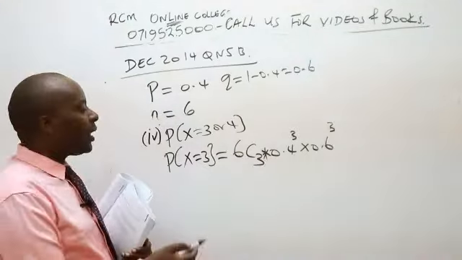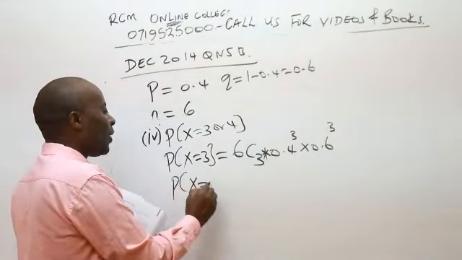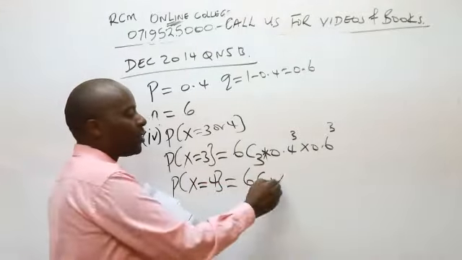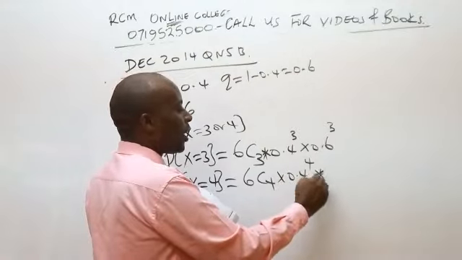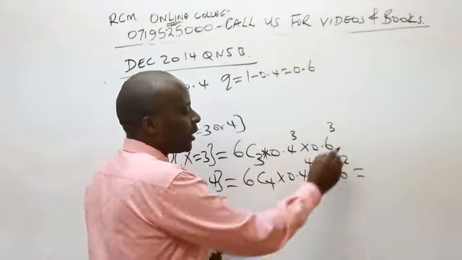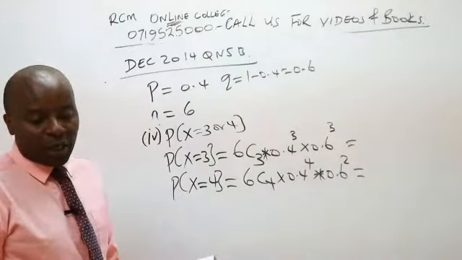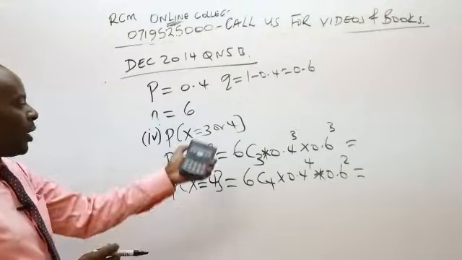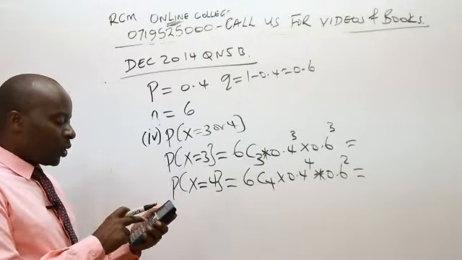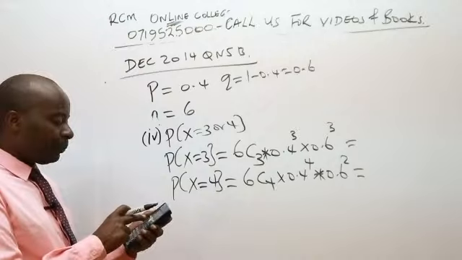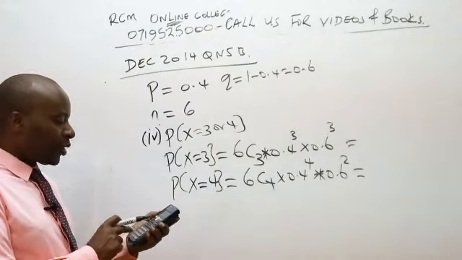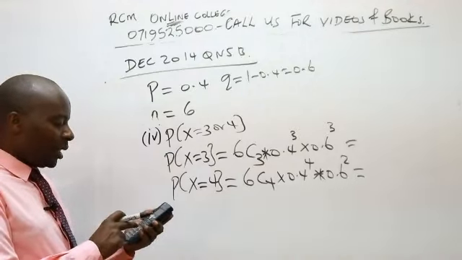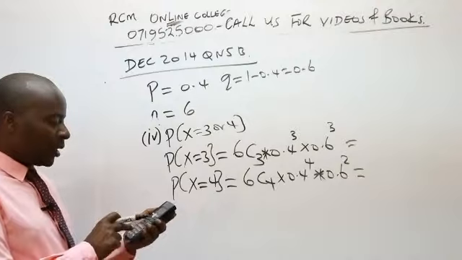And then I'll look for probability of X being equal to 4, which will be 6 combinations 4 times 0.4 raised to 4 times 0.6 raised to 2.